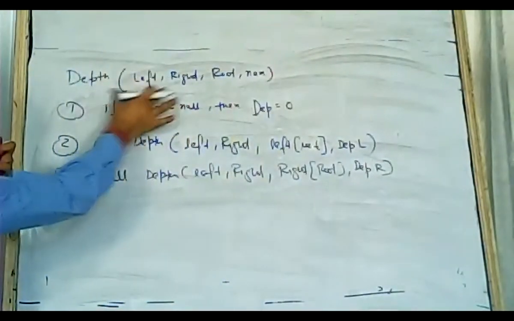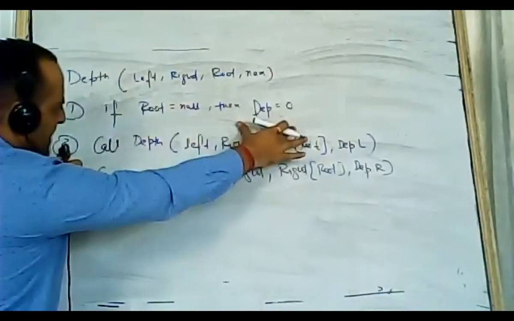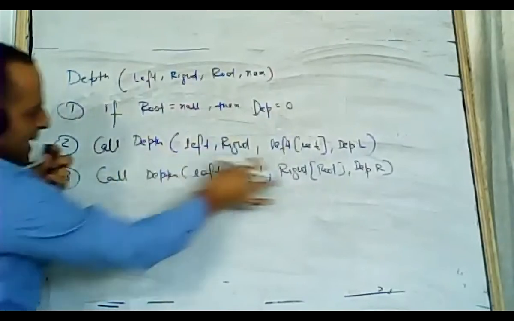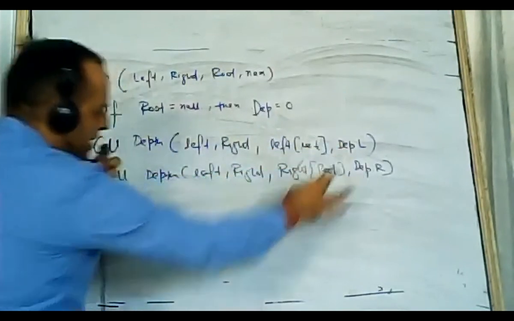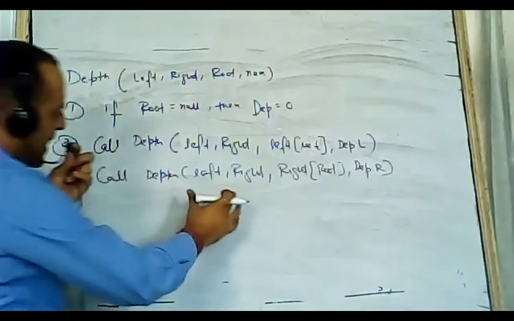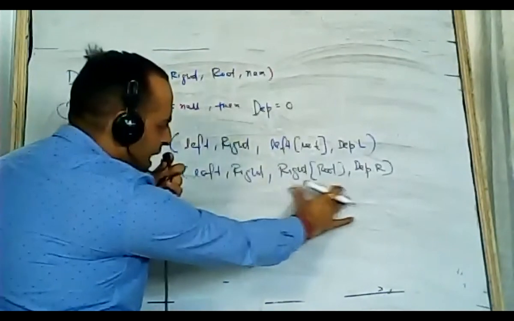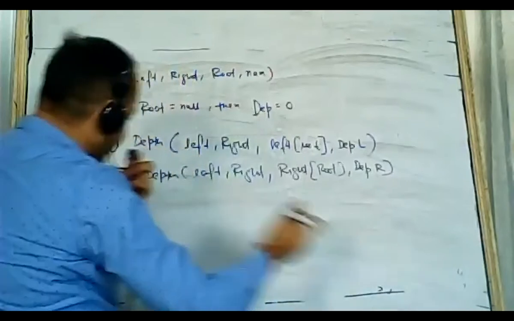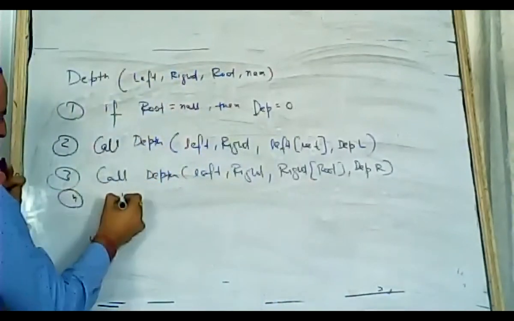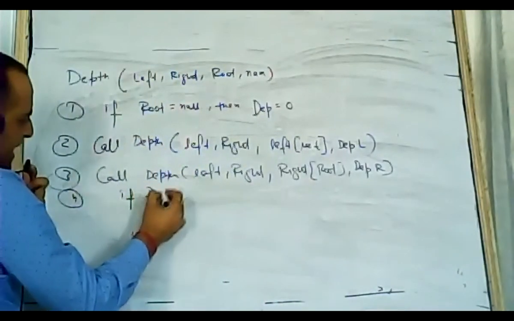So depth, I will call for the root. If root is null, depth will be 0. Otherwise, I will call the depth for left of the root. Depth L will be the depth of the left subtree. I will call the depth for right of the root. Depth R will be the depth of the right tree. And now I have to check कि left की depth ज्यादा है या right की ज्यादा है.